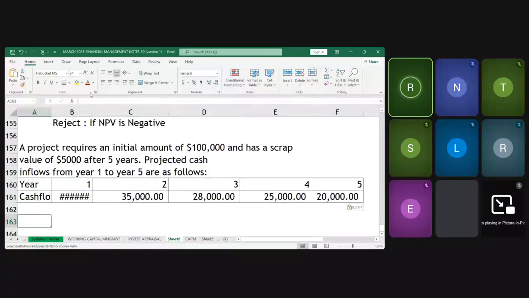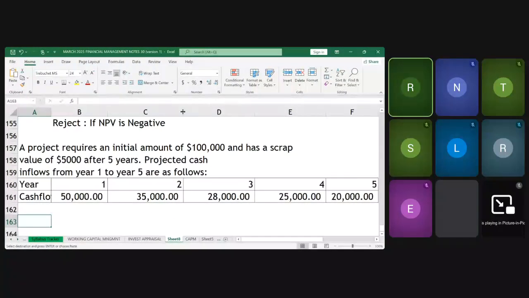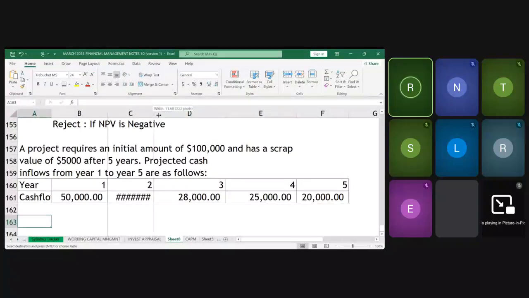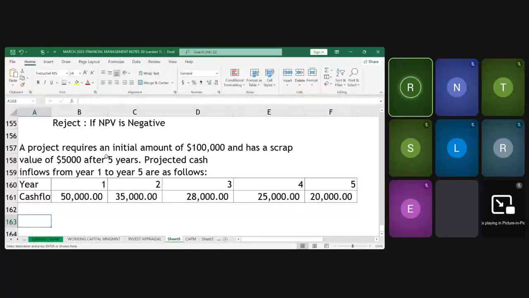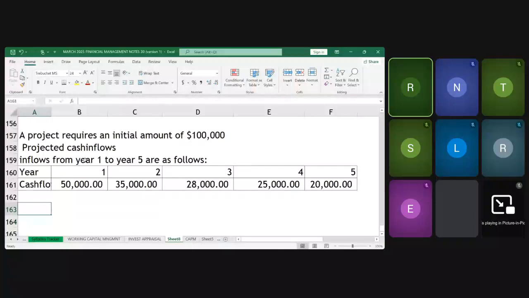Right. A project requires an initial amount of 100,000, and then let me just remove the script value. I want to remove it for now. Right. I just want projected cash inflows, projected cash inflows of these ones are available from year 1 to year 5. Right.